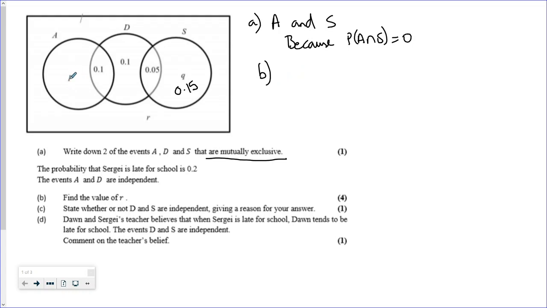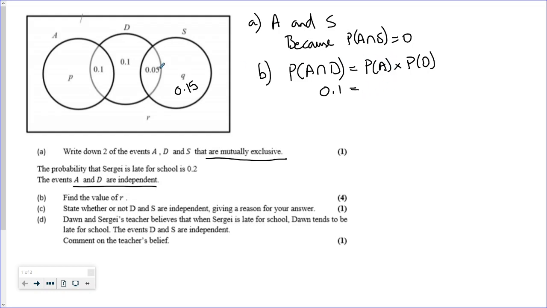Next, we can find out what the probability of P is, which is just Aliona being late. Well, we're told that A and D are independent. So recall that the definition of A and D being independent is that the probability of A and D happening at the same time is equal to the probability of A happening multiplied by the probability of D happening. Well, the probability of A and D happening is this part here, this region, which is 0.1, the overlap of the two circles.